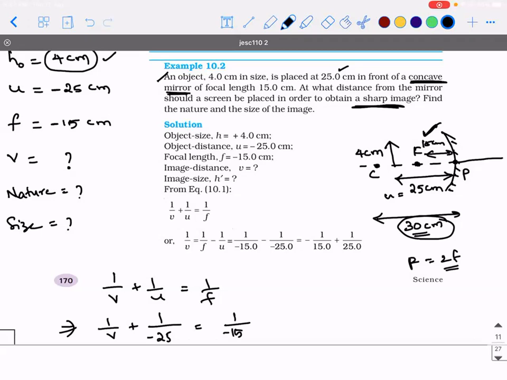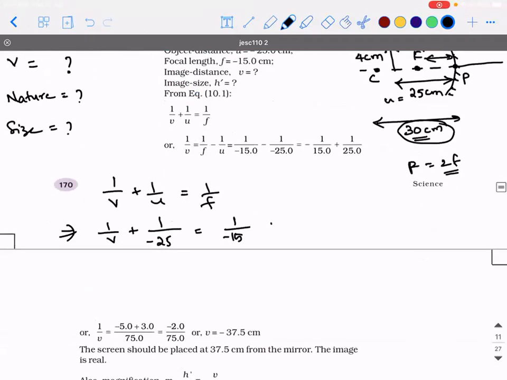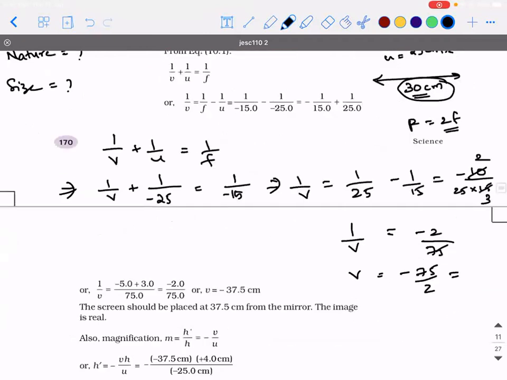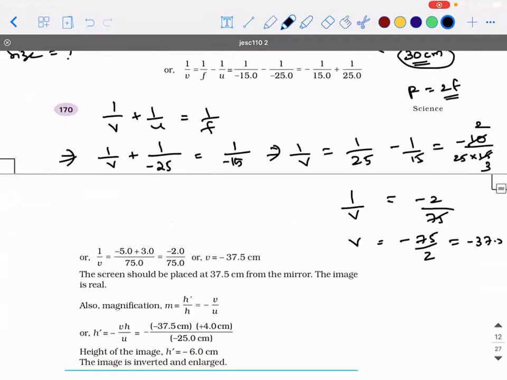Now will you be able to solve this? 1 by v is equal to 1 by 25 minus 1 by 15. That is minus 10 divided by 25 into 15. This goes 2 times, this goes 3 times. So minus 2 divided by 75 is 1 by v, but v will be minus 75 by 2, which is minus 37.5 centimeters. So is our answer right or wrong?